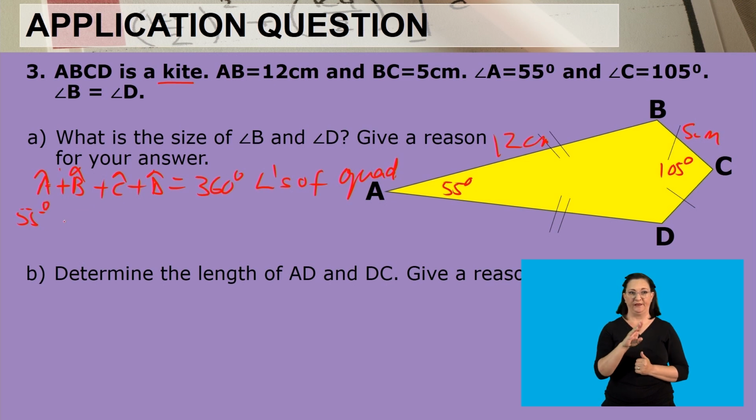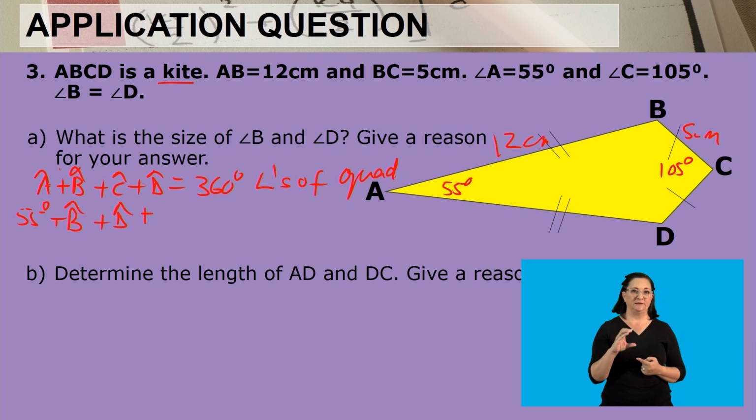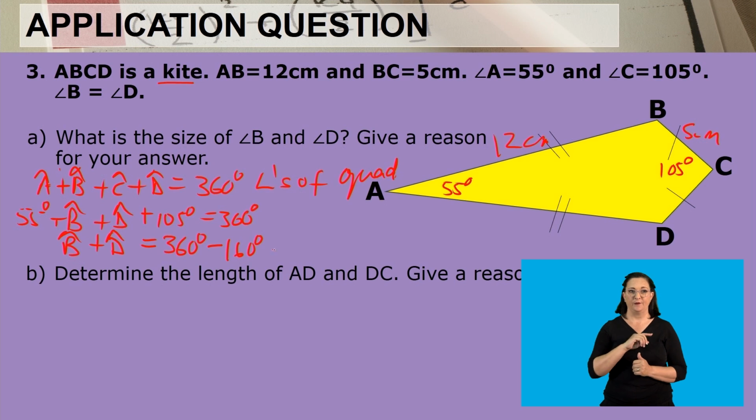B and D are what we want to find. So B plus D plus C, which is 105 degrees, would give us 360 degrees. And so we'll remain with B plus D, and they should equal 360 minus 160. So that means B and D would give us 200 degrees.